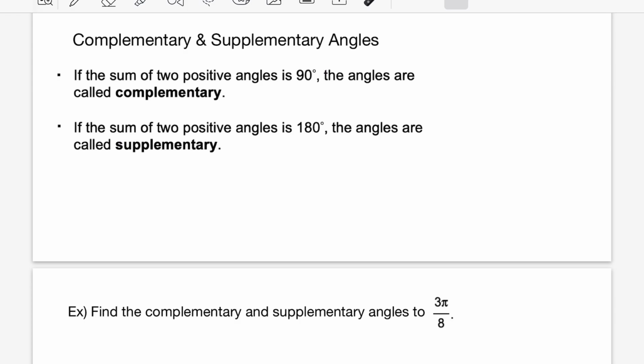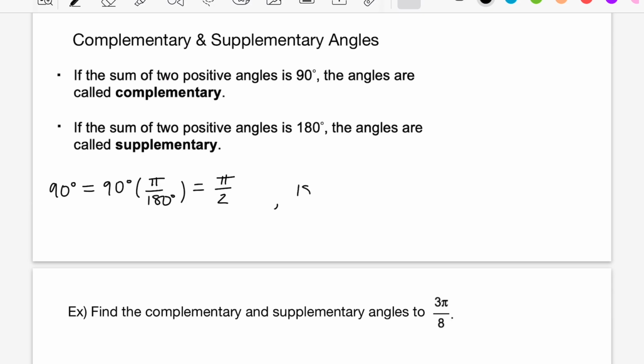However, since this angle is given in radians here, what I'll do is rewrite these definitions so we're looking at it in terms of radians. So for the complementary angle, the sum of two positive angles is 90 degrees. That's the same thing as saying that the sum of the two positive angles is equal to pi over 2.